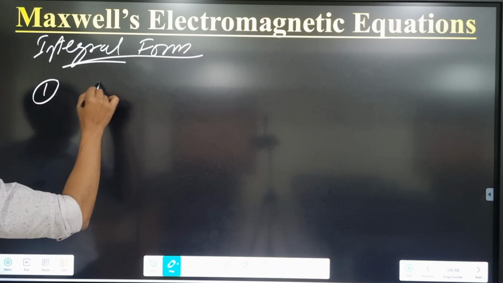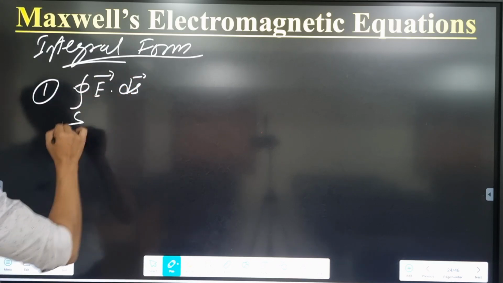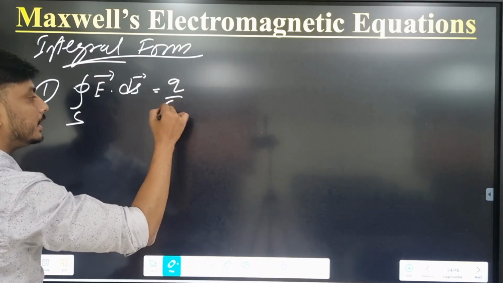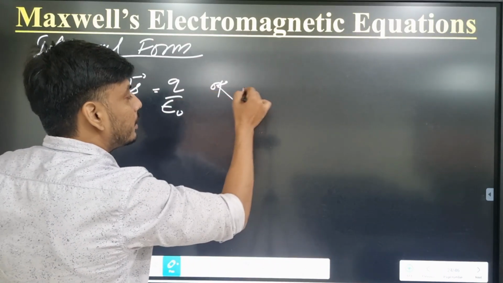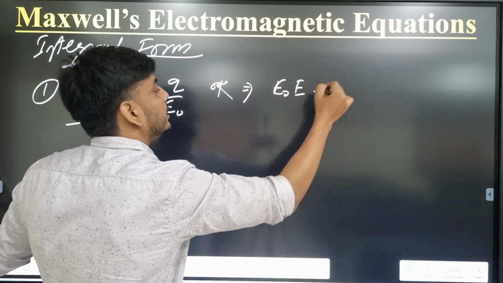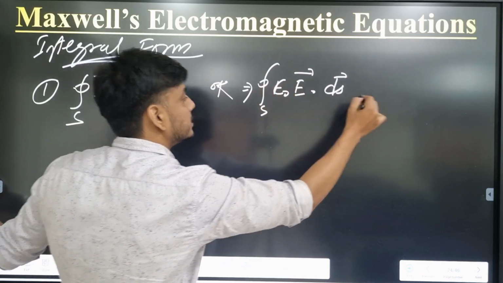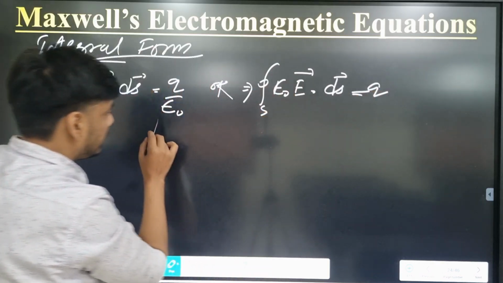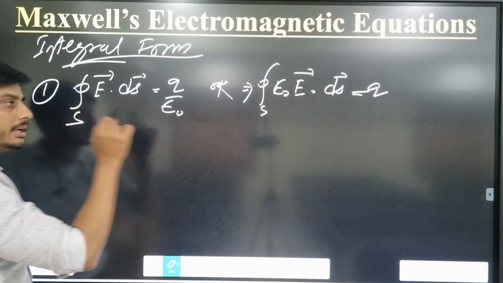First one is Gauss law in electrostatics, E dot ds equal to Q by epsilon naught, or you can also write epsilon naught E dot ds integration over S equal to Q. Epsilon naught was divided, so we can multiply it to this side.